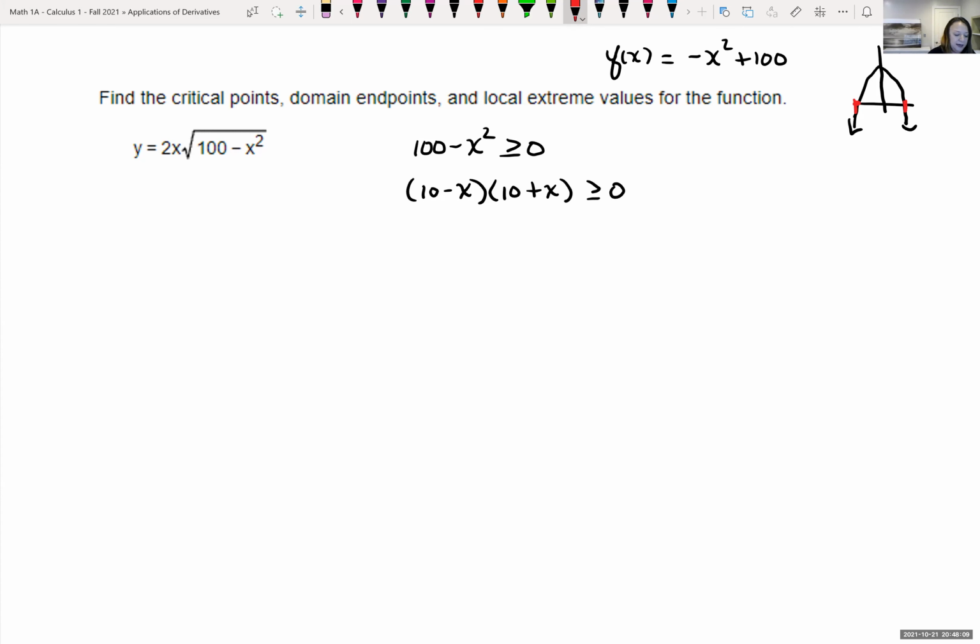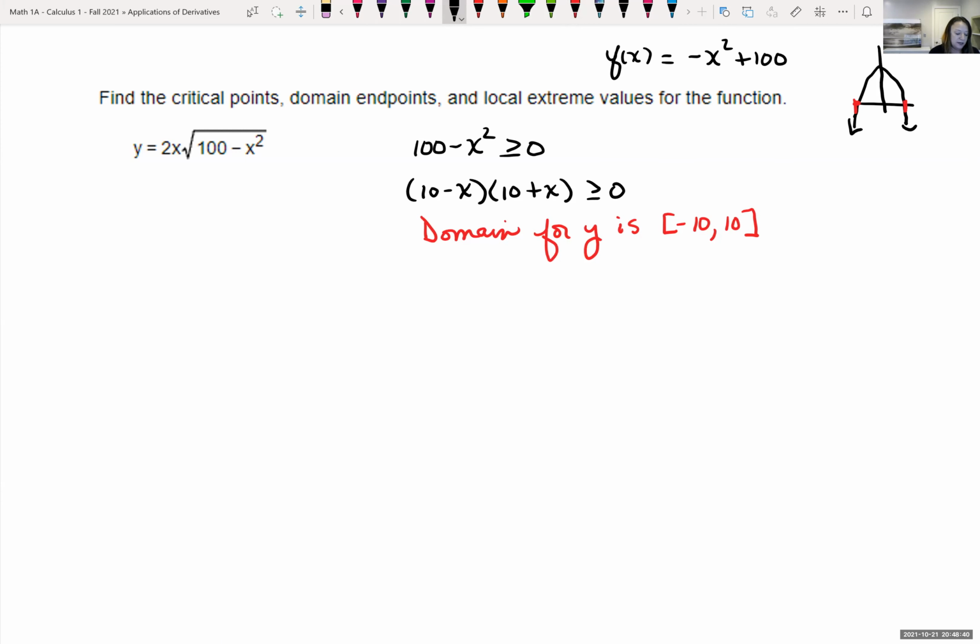So our domain for y is from negative 10 to 10. Okay, so I have the end values of my closed interval where this is a continuous function. So now I want to find my derivative, and I need to find out where my derivative is equal to 0 and where it's undefined.